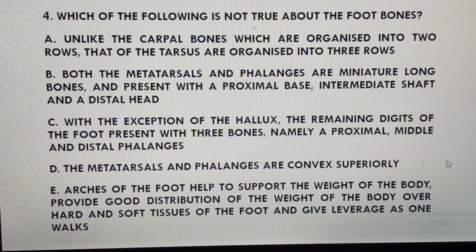Yes, this is actually a very true statement. So with respect to this question, all the statements are true. So let me justify that one for you.